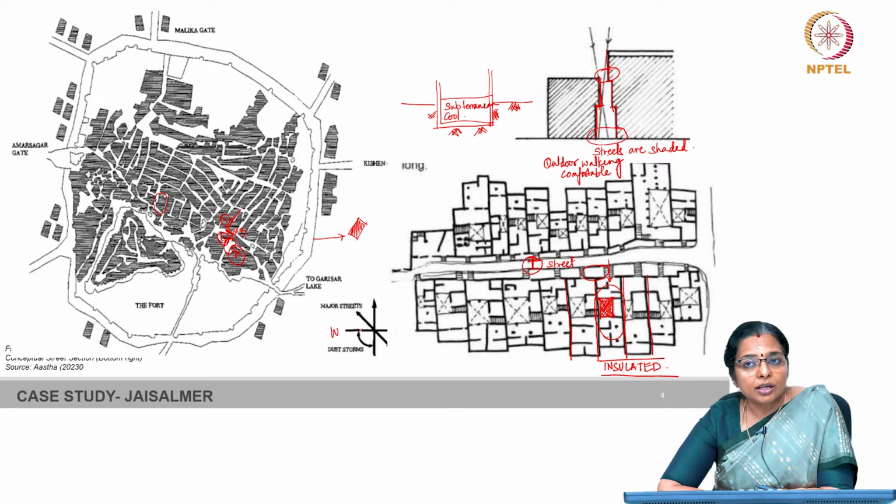The city, including the king's palace, is constructed only with stone, and therefore stone, which has very high thermal mass, also helps and protects the indoors from the harsh environment. Hence, Jaisalmer is a very good example of how appropriate planning principles can help in achieving passive design.